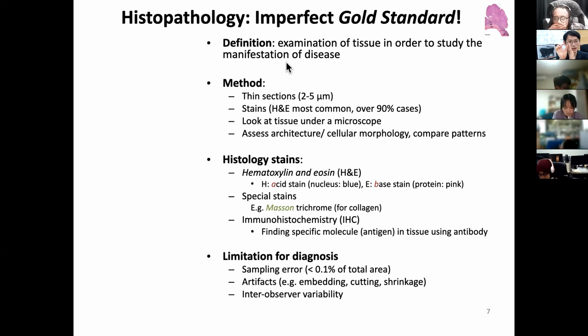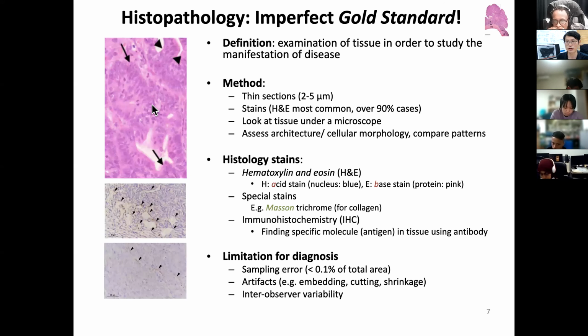What that means is you don't want a thicker sample, to have a nice image, because of the prevention of multiple scattering events. That's why you have a thin sample, very thin, only a couple of micron, and you stain it with H&E, and you look at the tissue under the microscope, at architecture, morphology, and pattern recognition.